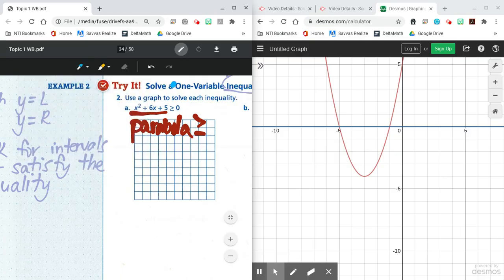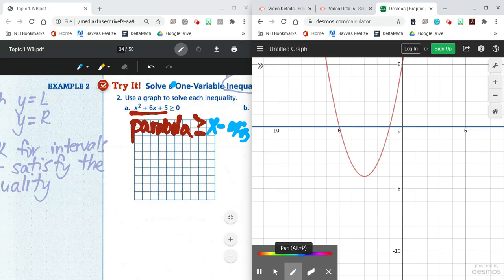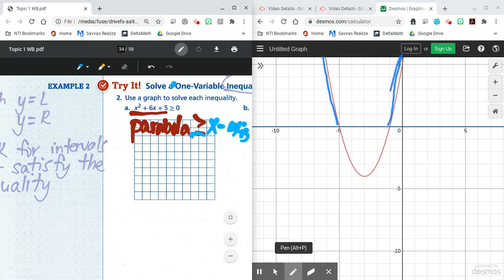So I'm looking for where the parabola is greater than the x-axis, which is very similar to our positive and negative intervals that we had before. So let's see, it's greater than the x-axis here and here. But then it also asks where it is equal to the x-axis, so I also need to include these endpoints.